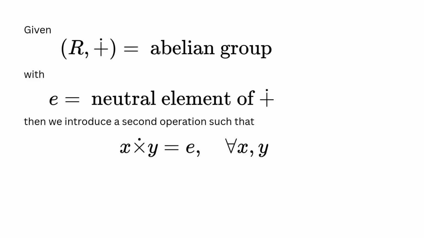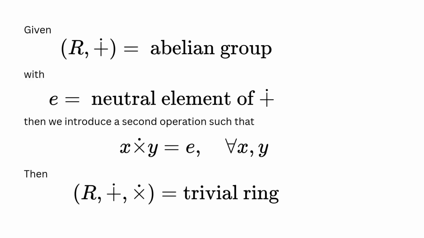Therefore, with the previous definition of dot times, indeed we promote the group to a ring. However, the resulting structure does not provide any benefit, and the ring is known as the trivial ring. Notice that the zero ring is an example of a trivial ring. Since the trivial ring has no real mathematical value, I exclude it from any further consideration.